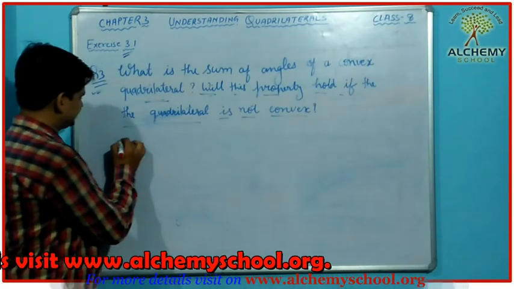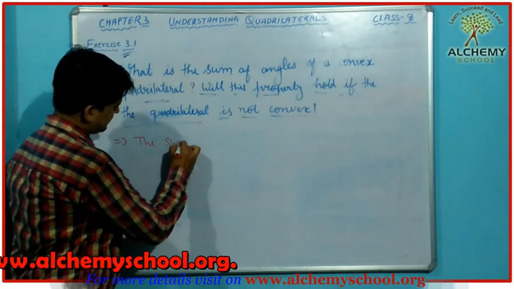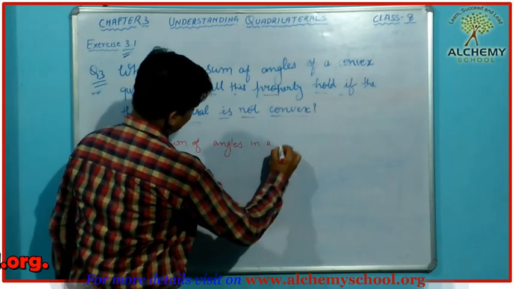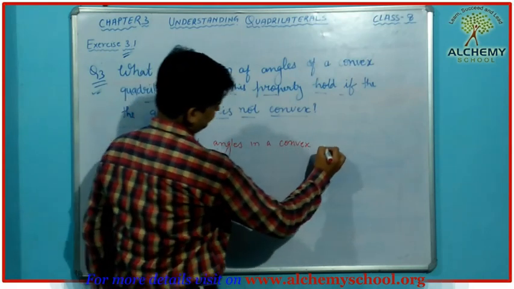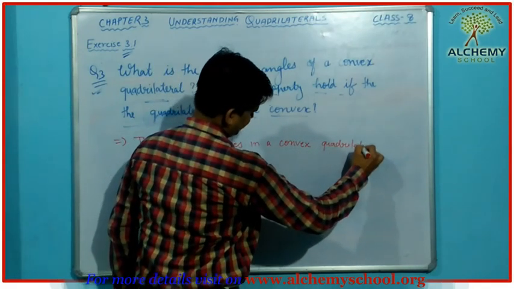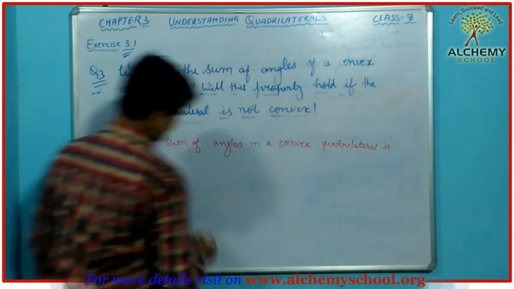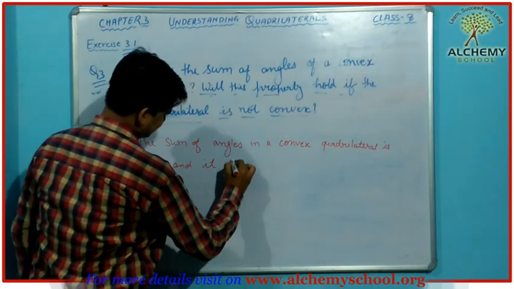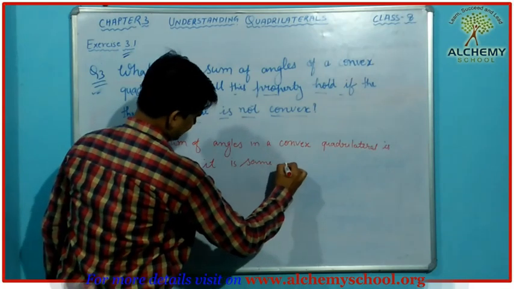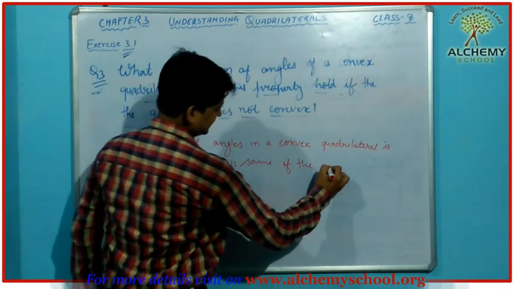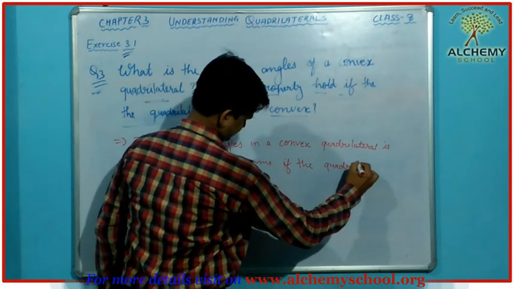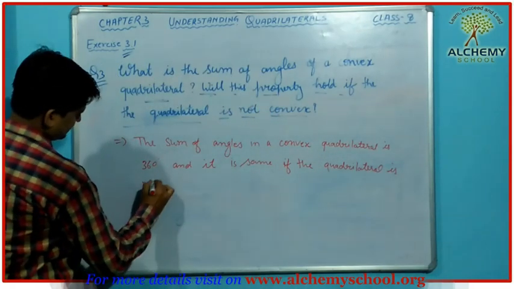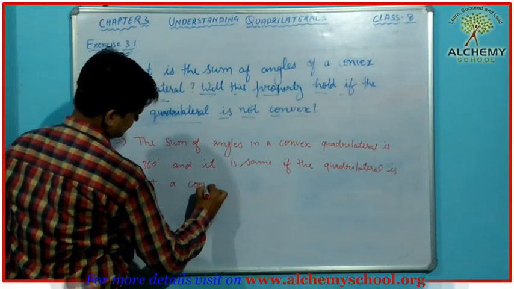So we can write here the sum of angles in a convex quadrilateral is 360 degree and it is same if the quadrilateral is not a convex.